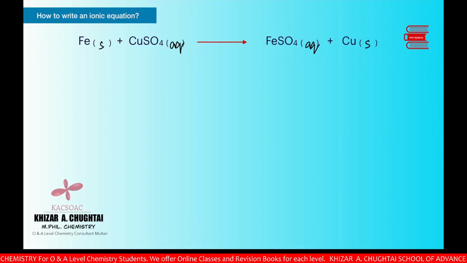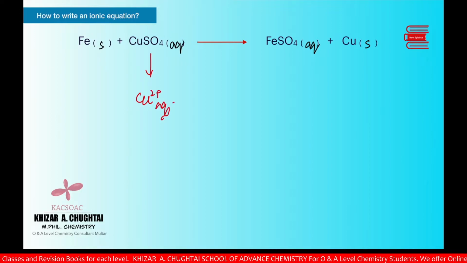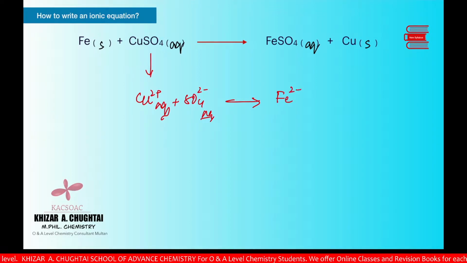Now come towards the ions. I'm going to change aqueous material into the ions. Let's see over here. It can make Cu2 positive aqueous plus SO4 2 negative ion aqueous goes to Fe2 positive ion aqueous plus SO4 2 negative ion aqueous.